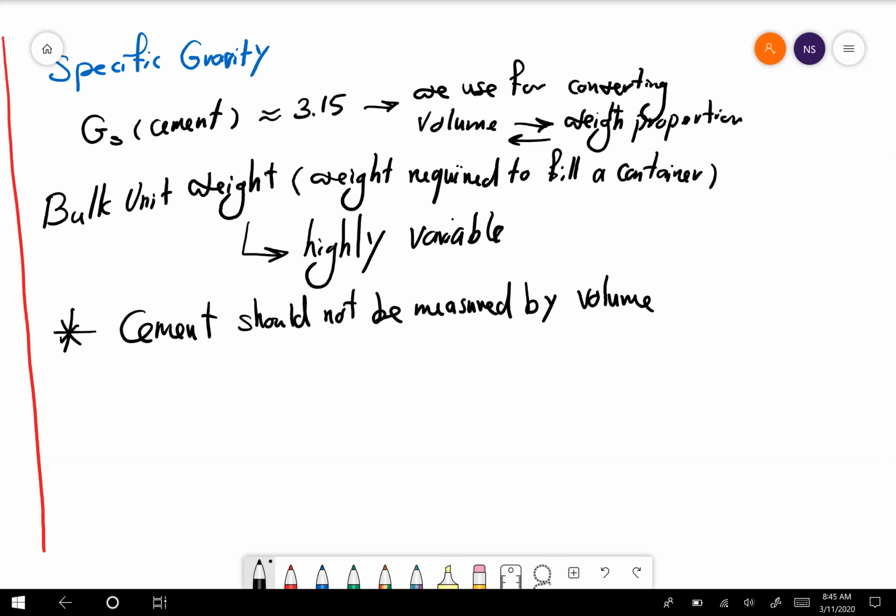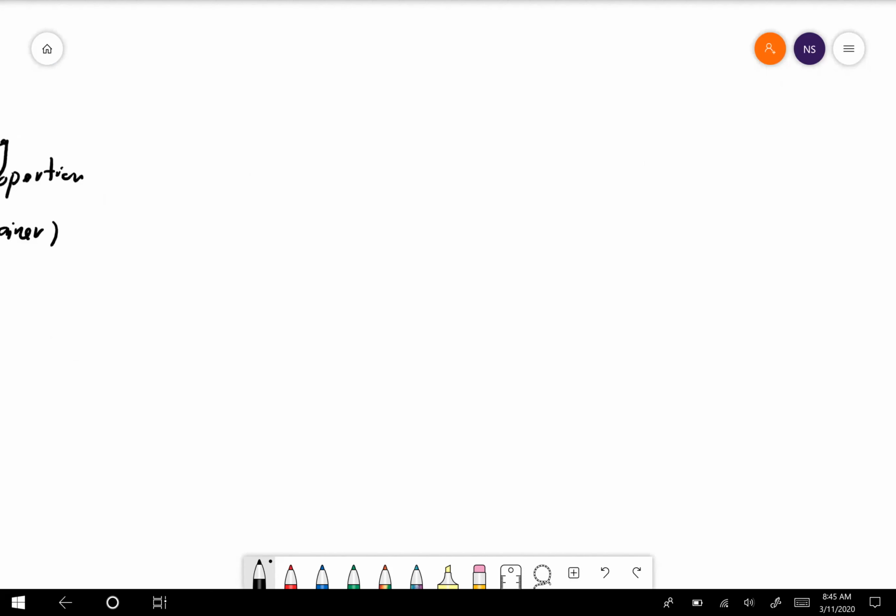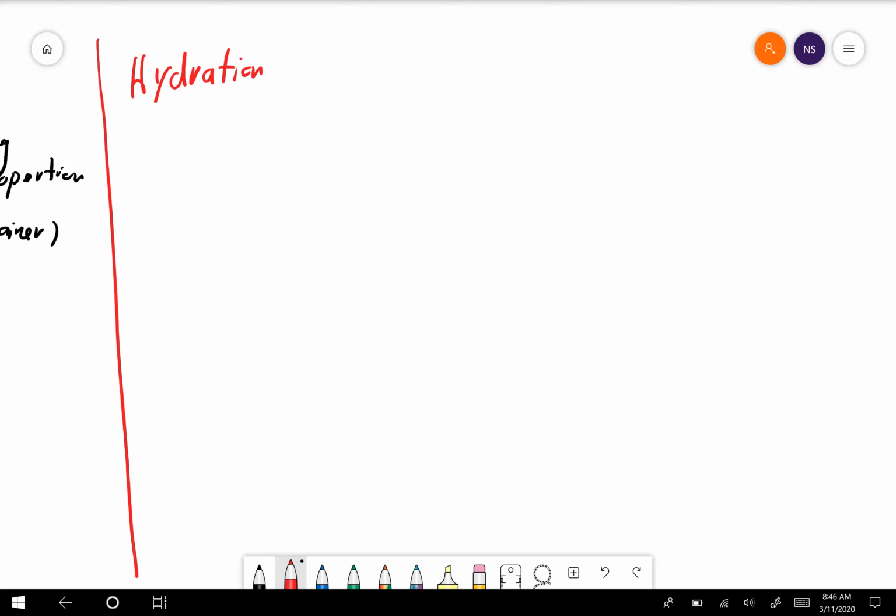But there's another important process that we mentioned we want to know about, and we talked about the chemical reaction, which is the chemical hydration or the hydration process between Portland cement and water in the mix.